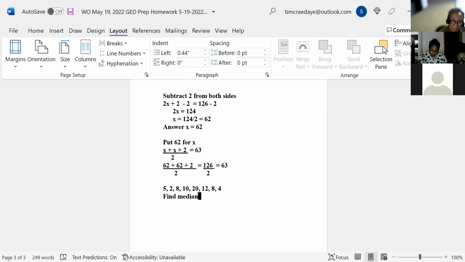What's the median? 10. No. Let me see. How many items are there? 8. So there are 2 items left in the middle.